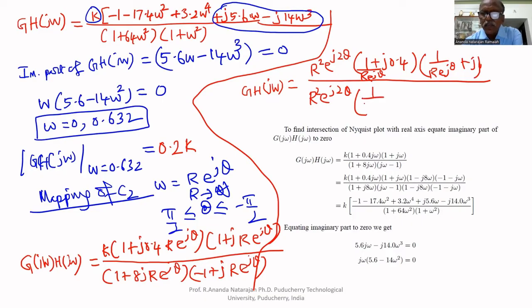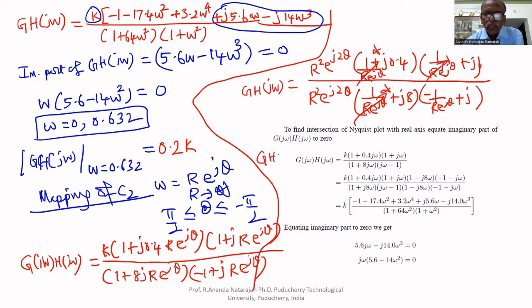The denominator is (1 by r e power j theta plus j)(1 by r e power j theta plus j8)(1 by r e power j theta plus j, minus 1 by r e power j theta plus j). That's all. R tends to infinity means these all become 0.